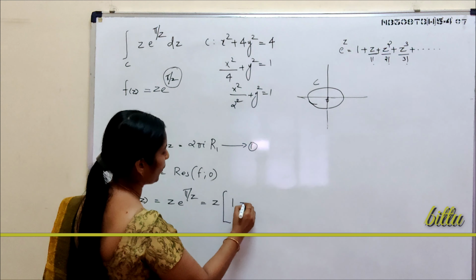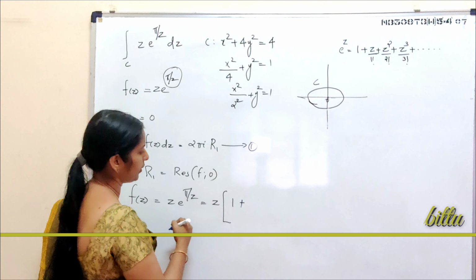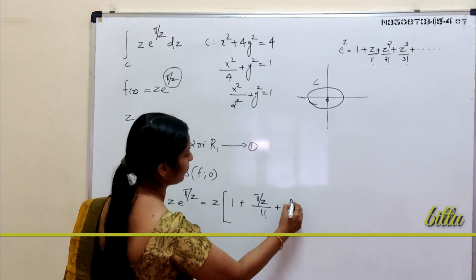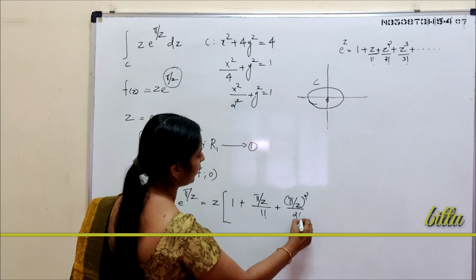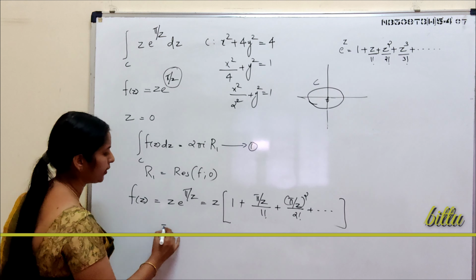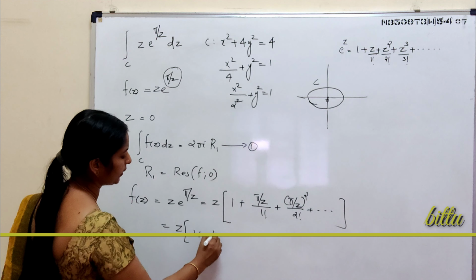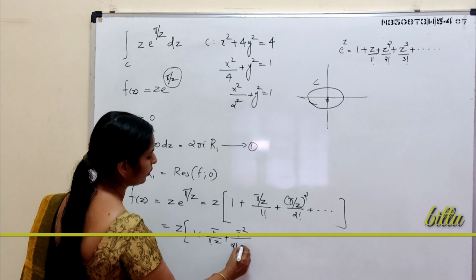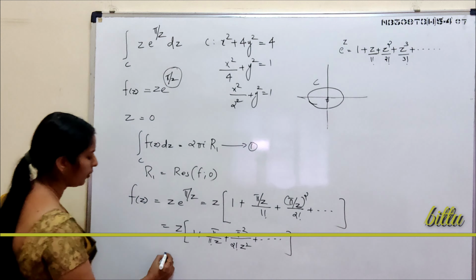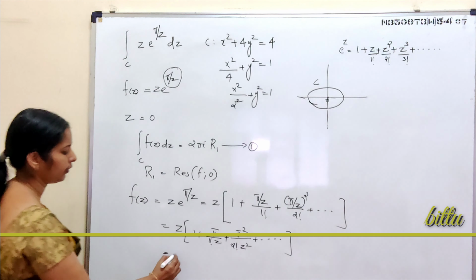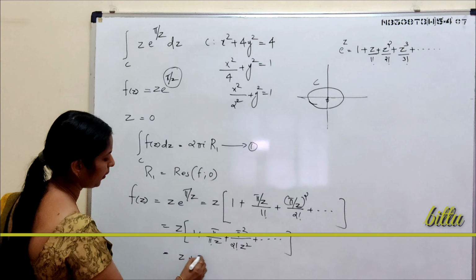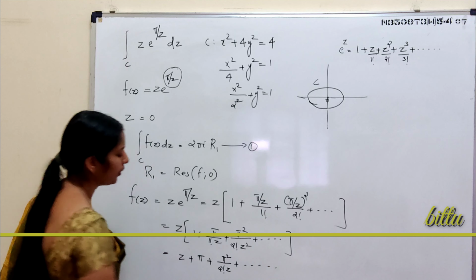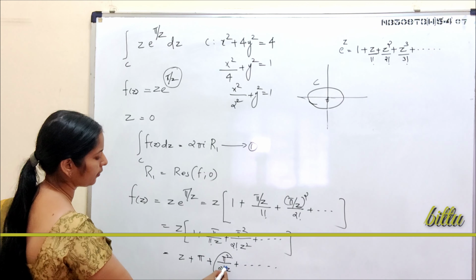That is z into the expansion of e raised to 5 by z: 1 plus 5 by z by 1 factorial plus 5 square by z square by 2 factorial plus etc. That is z into 1 plus 5 by 1 factorial z plus 5 square by 2 factorial z square plus etc. You take z inside the bracket: z plus 5 plus 5 square by 2 factorial z plus etc. We need the coefficient of 1 by z.